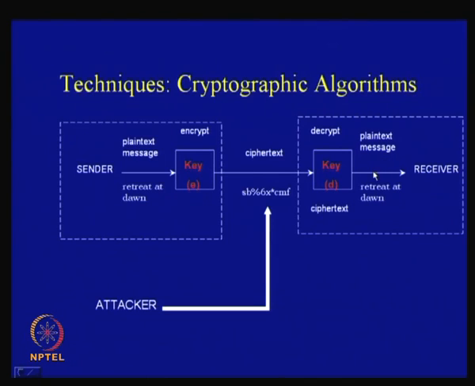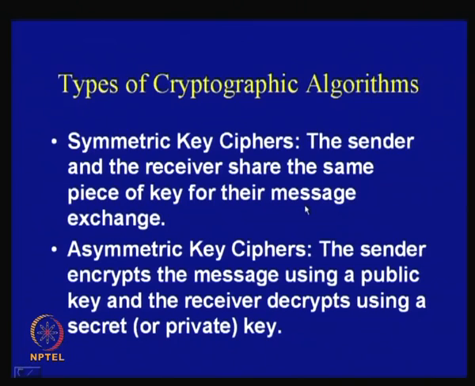That means in order to decrypt you need that secret piece of information, but everybody can encrypt. So this is a very fascinating field of cryptographic algorithms, which asks how you can actually do this asymmetric key ciphering. It relies on various number theoretic and difficult problems which exist, or which are believed to exist.